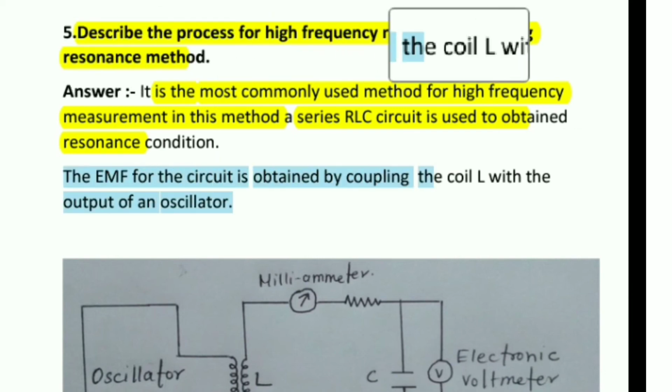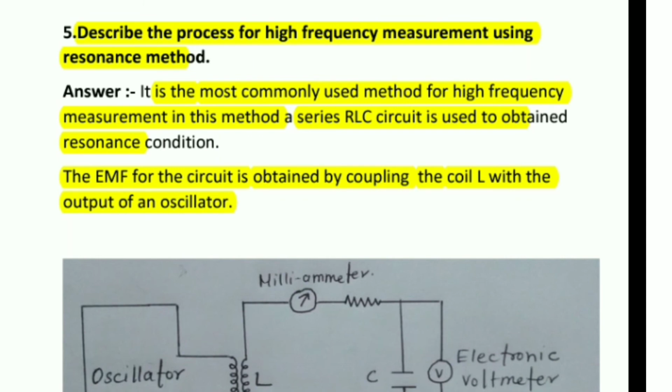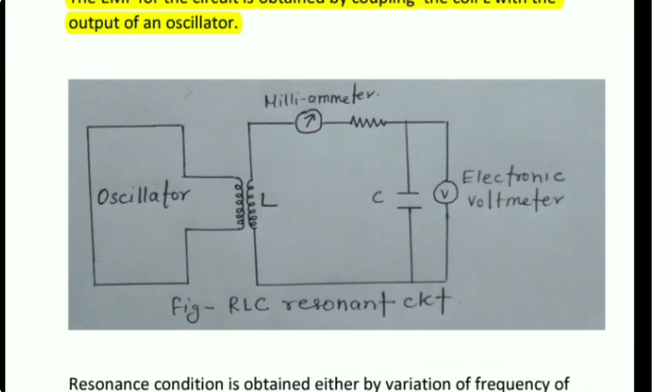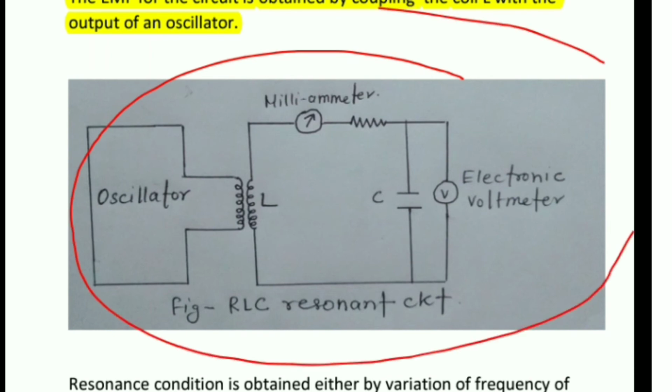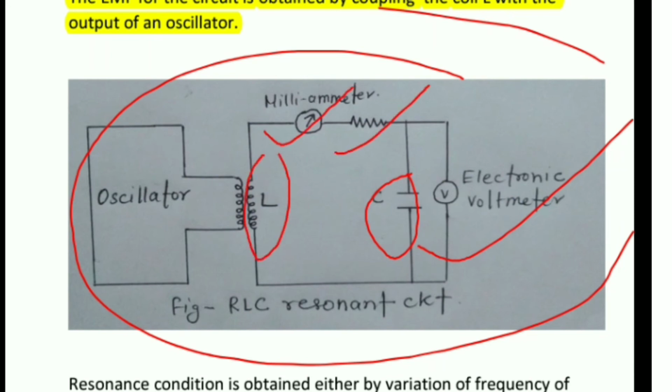The EMF of the circuit is obtained by coupling the coil L with the output of an oscillator. This is the figure of the RLC resonance circuit. It has an electronic voltmeter, a capacitor in parallel, a milliammeter, a resistor, and this is the inductor, this is the output oscillator and output coil.